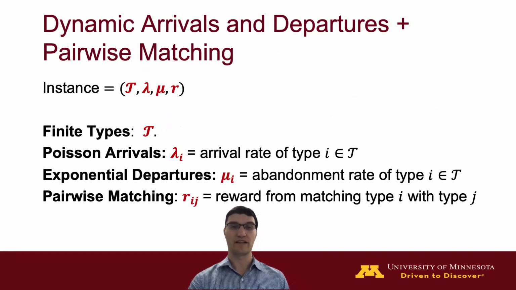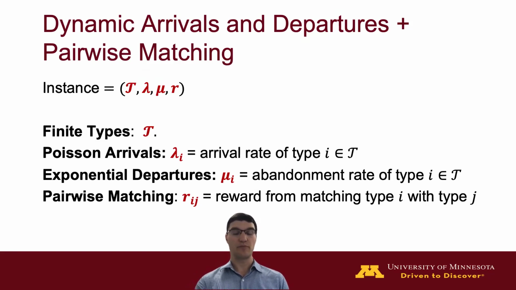So here's the model we're going to be studying more concretely. It has four components. First, we have a finite set of types. Each arriving vertex is going to belong to one of these types. Second, each type arrives according to a Poisson process, and we let lambda_i be the arrival rate of agents of type i. Now, agents that arrive in the system are going to stay around for a limited amount of time.